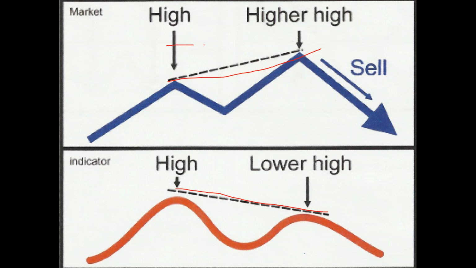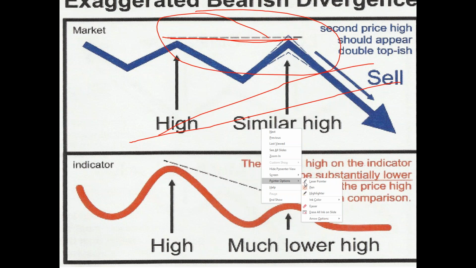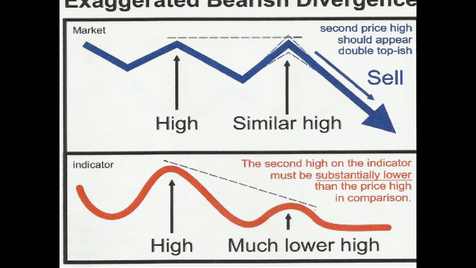The only difference is exaggerated will look like this. Okay, it will look double topish like this. So that is the only difference, guys. But know that this is also divergence, although it does not have a higher high, but it's still a divergence. Try to spot it on your chart.